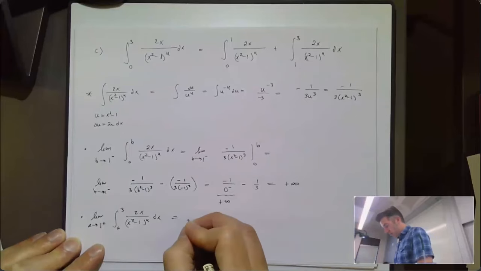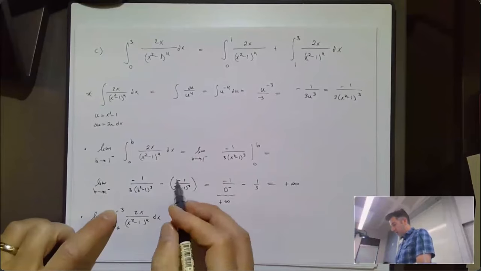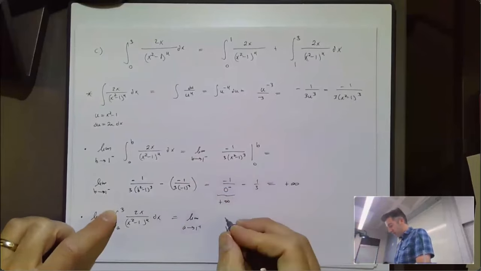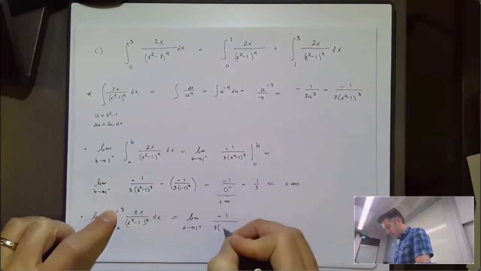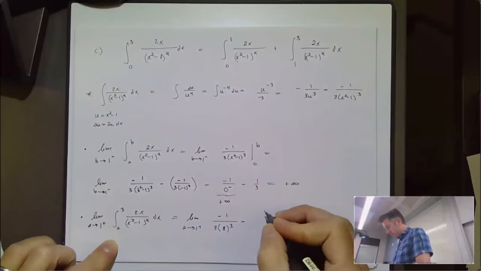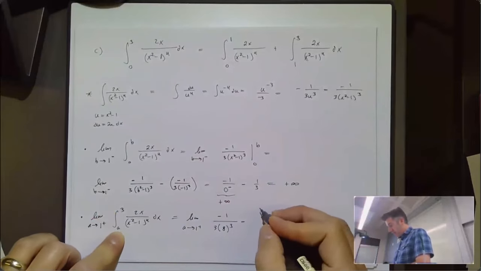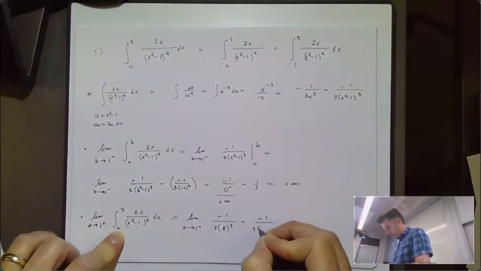So it's going to be the limit as a approaches 1 from the right. I plug in 3 to the antiderivative. I'm going to get negative 1 over 3 times (9 minus 1) cubed, minus, when I plug in a, negative 1 over 3 times (a squared minus 1) cubed.